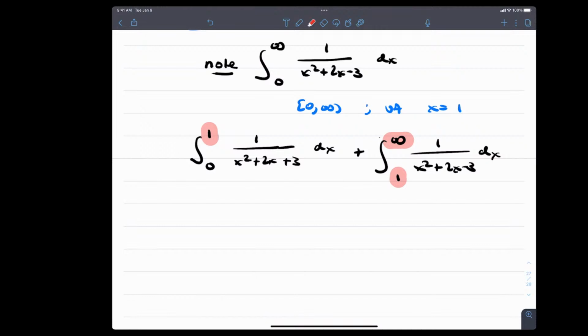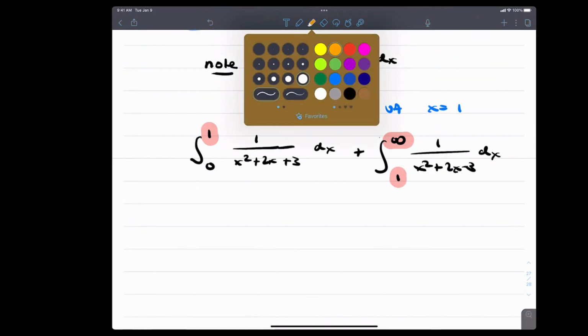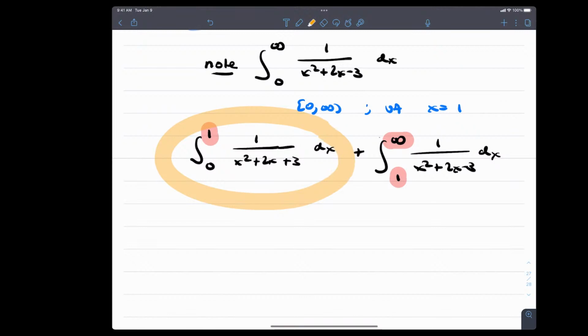Okay, so you say, I split this up on the discontinuity at 1. I have my first integral, which I can integrate by using my definition. But then you have this second integral, and it has two things going on, right? You have an infinite discontinuity at 1, and you have another limit. That's an infinite interval.